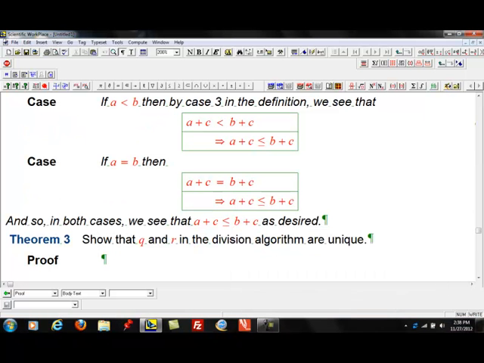How do you show unique? How do you show something is unique? Assume 2 and show they're equal. That's always the method you're going to do to show unique. So let's get our hypothesis. Let m and n be integers.